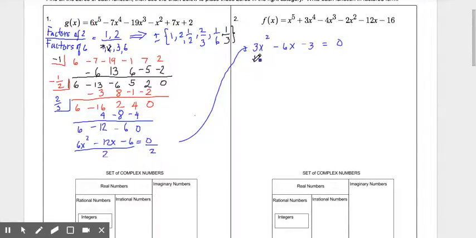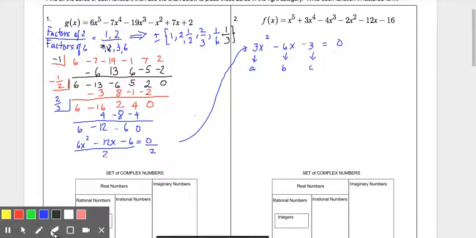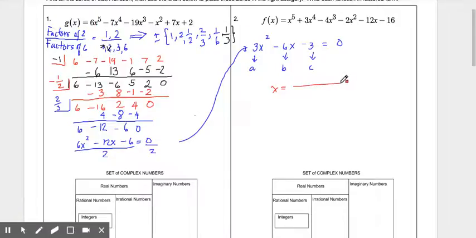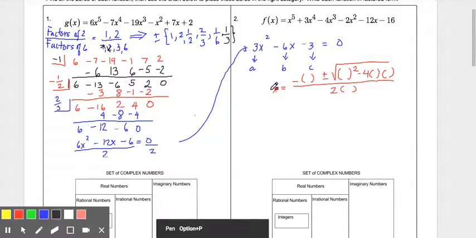This is now my A. 3 is A. This is B. And this is C. So now I can use the quadratic formula. So x is equal to negative B plus or minus the square root of B squared minus 4 times A times C, all over 2 times A. So now let's plug in.